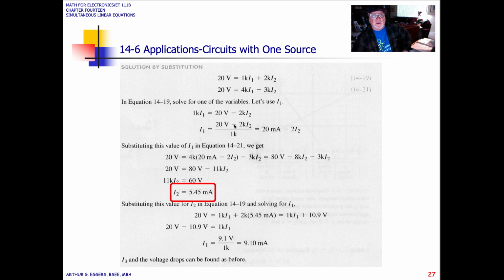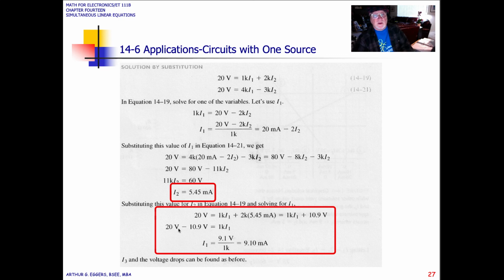By substitution, we can take I2 and plug it into equation 14.19, again that's the first expression, and solve for I1. So 20 volts is equal to 1k I1 plus 2k, and we make the substitution of 5.45 milliamps for I2, and we end up with a value here of 10.9 volts. We rearrange our terms so that we have 20 volts minus 10.9 volts is equal to 1k I1.